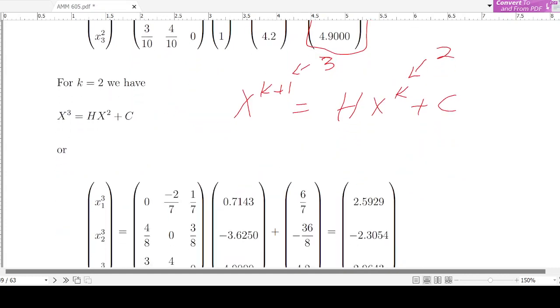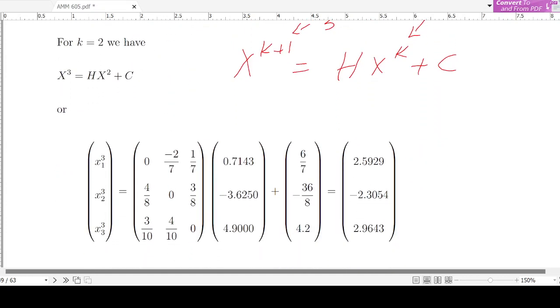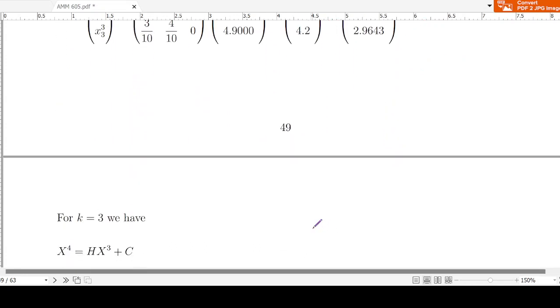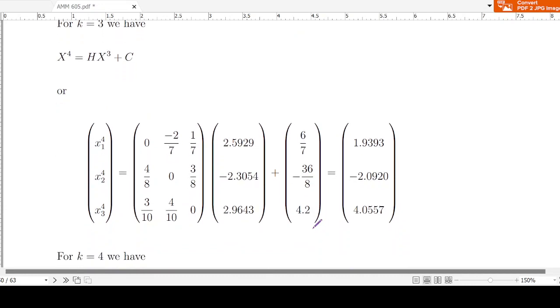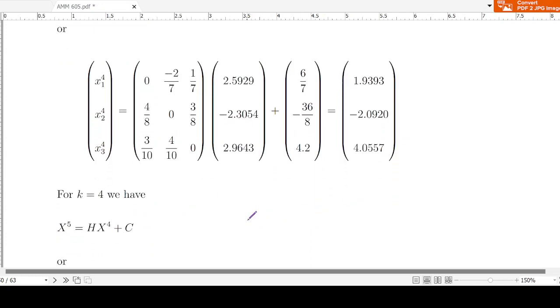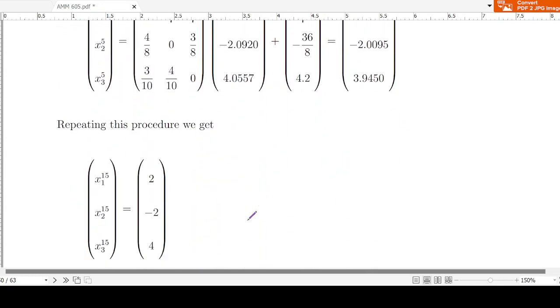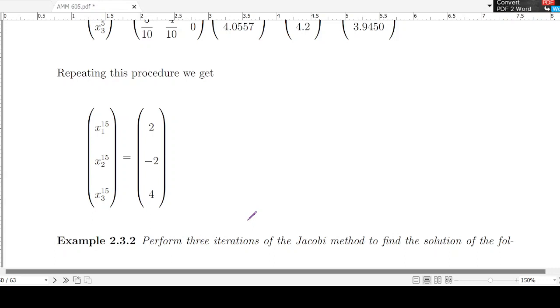So in the second step, that is what we shall be substituting to get x^(3). See that everything else has remained the same, only that where we had x^(1), now we are replacing with x^(2), and we work out to get these values. And we can repeat this procedure many times. For k is 3, we get that. Then we substitute. K is 4, k is 5, and so on, until we get the solution.